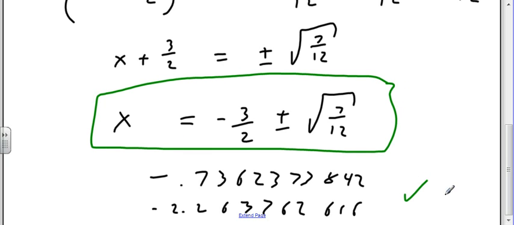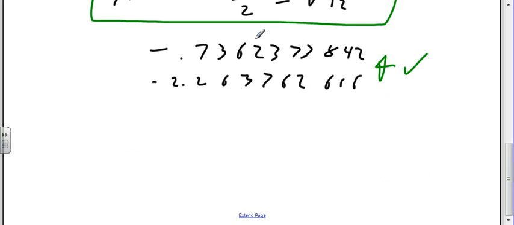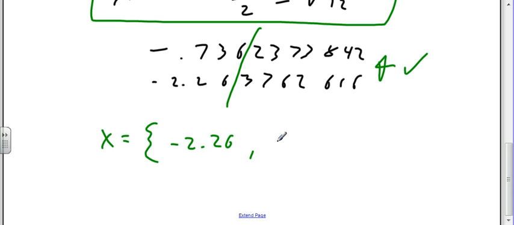If I was just writing the answer because it's in my calculator, then I'd do that. And I would probably say, well, I'm not going to accept any more than 3 significant digits or so, and say x is equal to a solution set, minus 2.26 and minus 0.736. I'd probably do that, because writing down any more than 3 significant digits is just a waste of ink in that particular case.